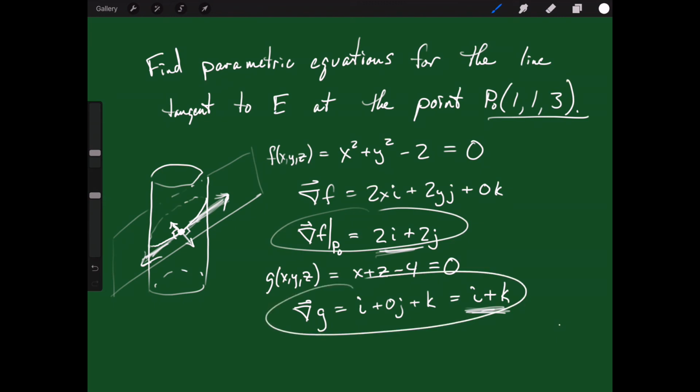Well, how do you find a normal vector using two vectors? I cross those two vectors, and it gives me a vector that's normal to both of them. So I want to cross the gradient of f and the gradient of g. Let's do it.